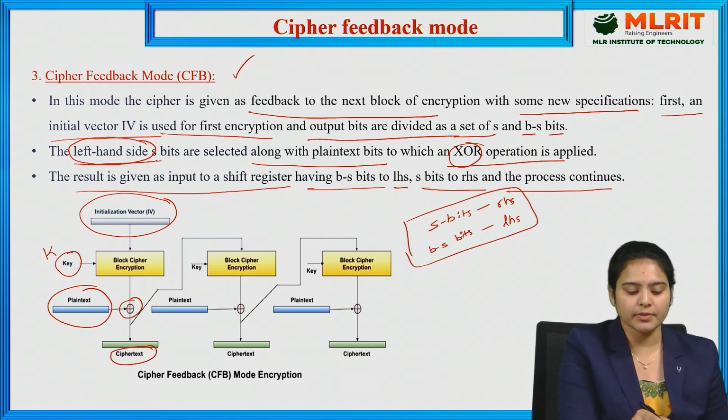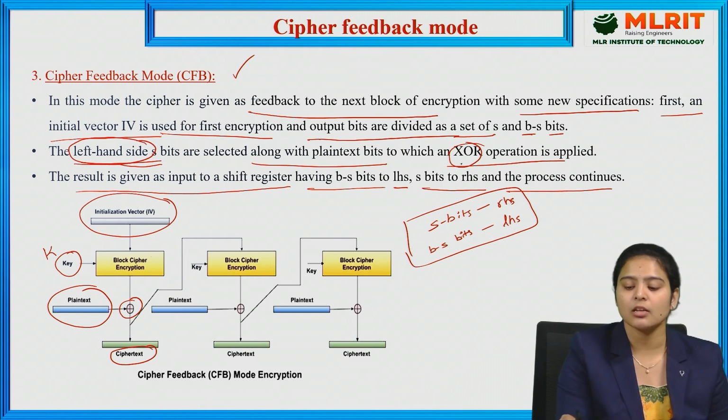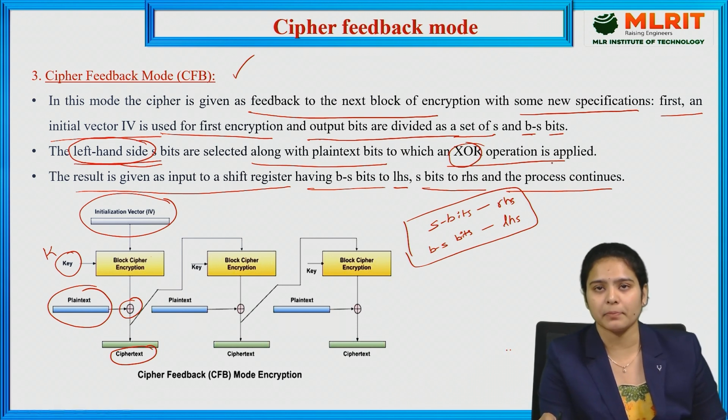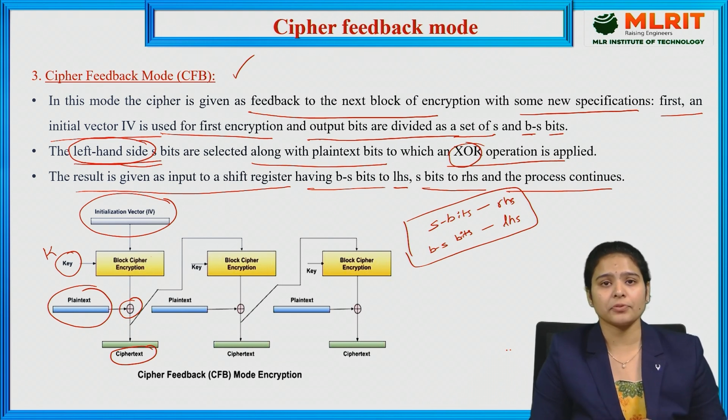That is what we have discussed in this slide: on the left hand side, S bits are selected along with the plaintext bits, and the XOR operation is applied. For the initialization vector, we apply the key K, and by using the block cipher encryption, we get the plaintext.